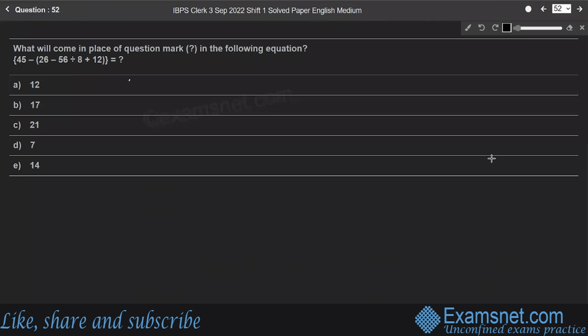Question 52. What will come in place of question mark in the following equation? Here the equation is 45 minus 26 minus 56 by 8 plus 12, close the bracket, is equal to x. So by BODMAS rule, here we need to remove the brackets. So which bracket need to be removed here?